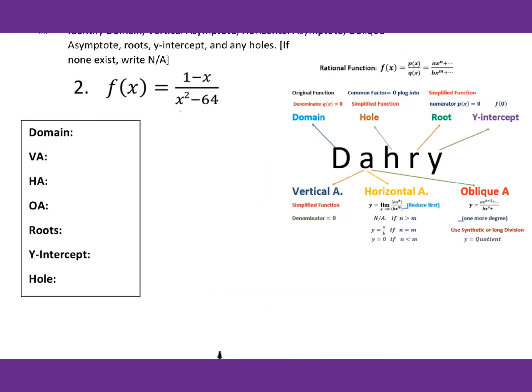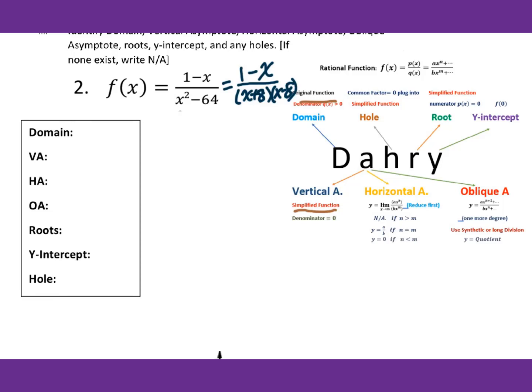For number 2, f of x equals 1 minus x over x squared minus 64. First of all, we need to factor the denominator. We got the x plus 8 and x minus 8. Since no common factor to be reduced, therefore, original and simplified function will be the same.